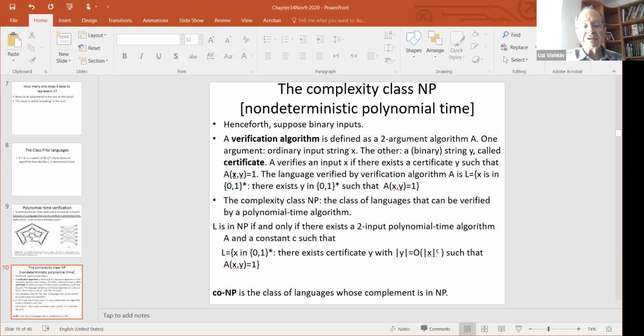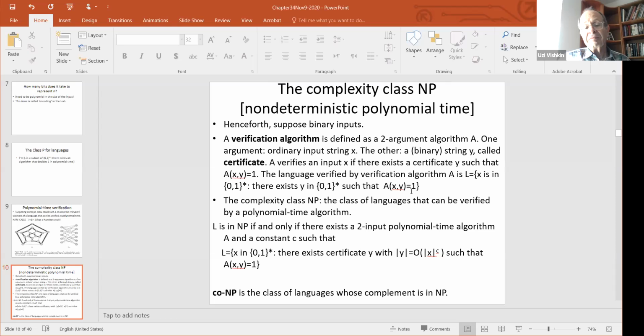And it verifies that it's correct. The language verified by the verification algorithm A is all the X over this binary alphabet such that there exists for them a Y for which A(X, Y) is 1.